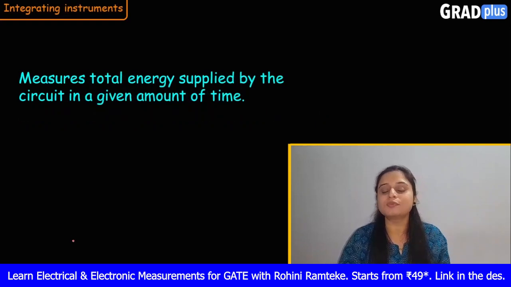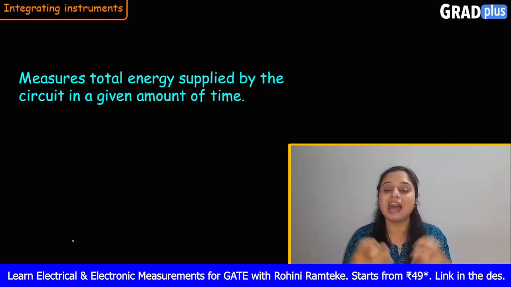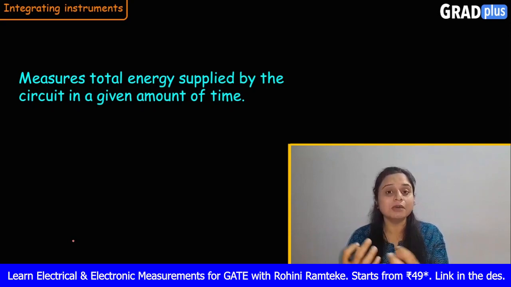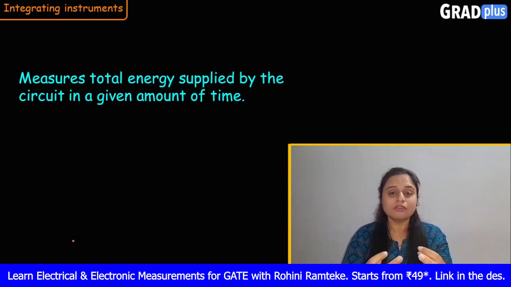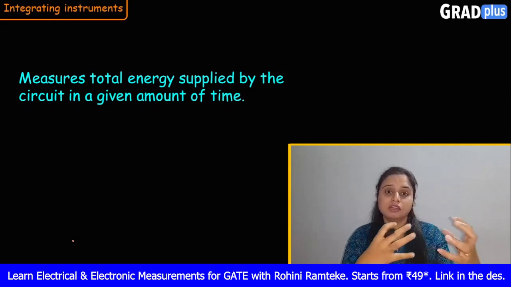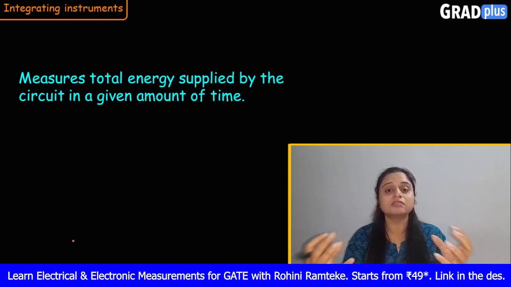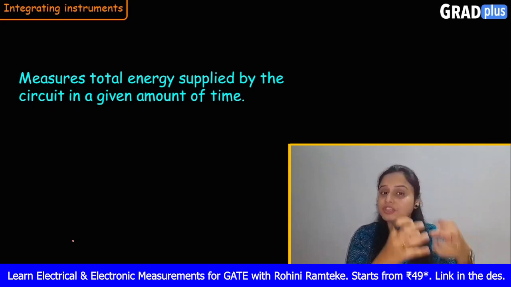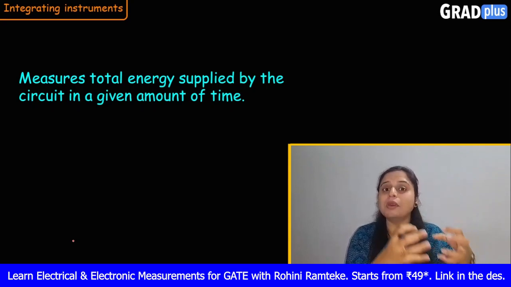Next type of instrument is the integrating type instrument. Integrating means summation, that is the addition of all the quantities. Such a meter will add up all the different quantities for the particular period of time or for the given amount of time.